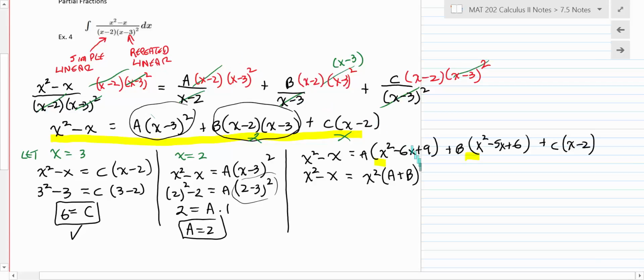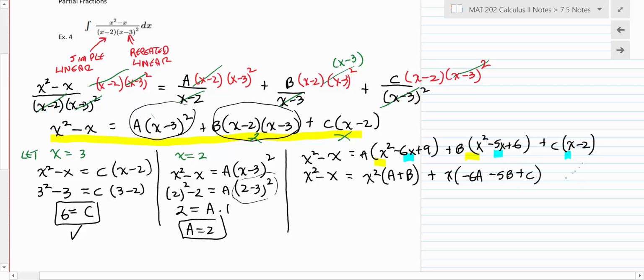Okay, then I could put together anything that has an x in it. So if I do that, if I take an x out of that, what I'm going to end up having is a negative 6a minus 5b, and then plus c like that.